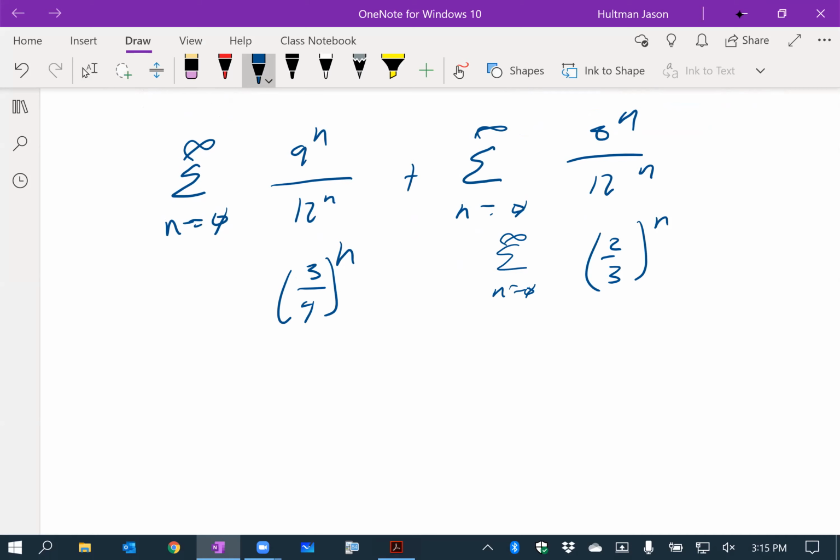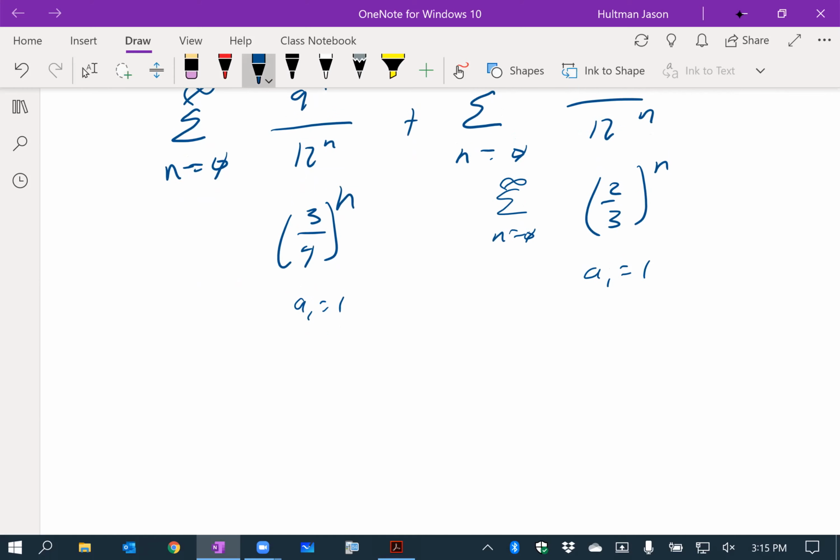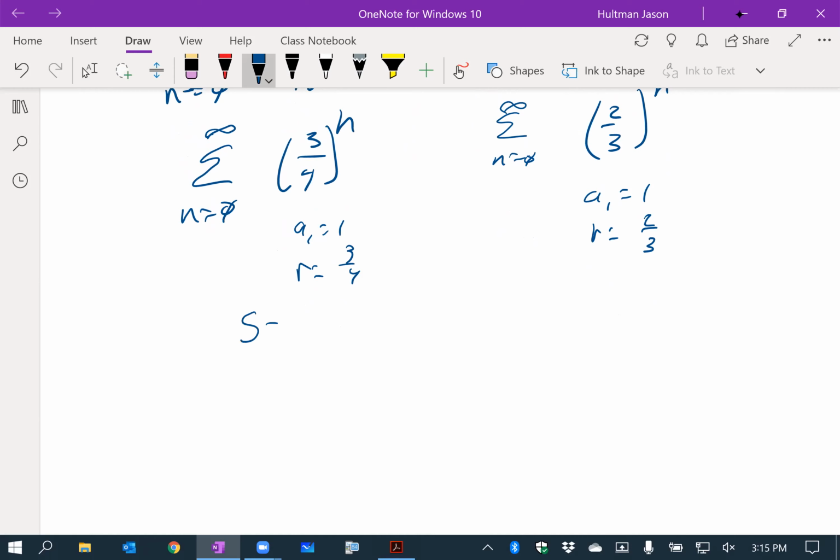Now we know this is geometric, starting at n equals 0. If n was 0, this thing would be 1, so a sub 1 is 1 on both of these. For the first one, r is equal to 3/4, and for the second one, r is equal to 2/3. The sum is a1 over 1 minus r.